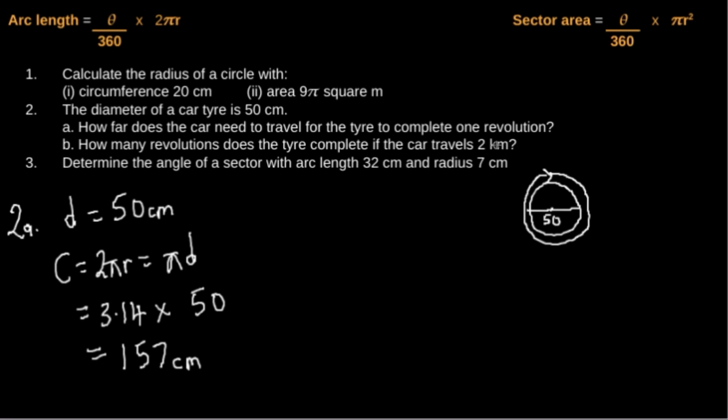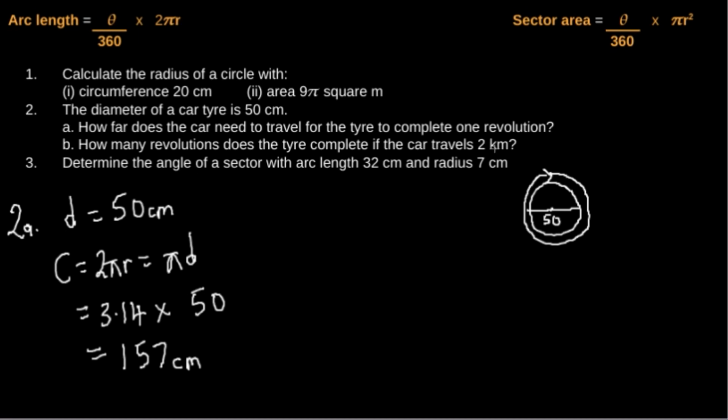And that's quite easy to calculate. All you need to do is to convert 2 kilometers to centimeters, so you have the same unit you're working with, and see how many 157 centimeters you can remove from your conversion of 2 kilometers to centimeters. I don't want to give you all the answers, just giving you hints or steps on how to get the answer.